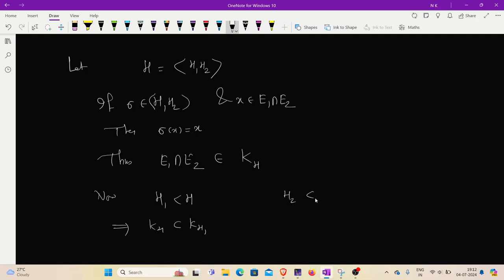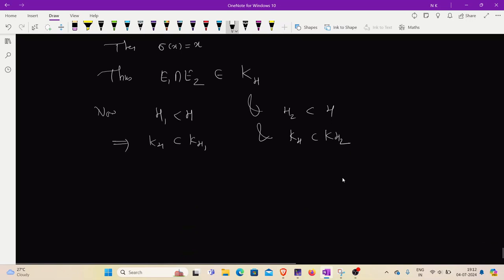Similarly, H2 is a subgroup of H, so the fixed field of H is contained in the fixed field of H2. So the fixed field of H is contained in the intersection of these two, the fixed field of H1 intersection the fixed field of H2. But the fixed field of H1 is E1, the fixed field of H2 is E2, so this is equal to E1 intersection E2. So the fixed field of H is contained in E1 intersection E2, right?